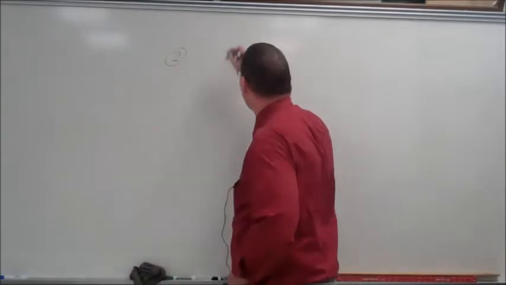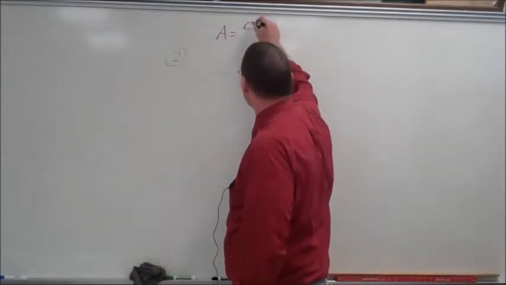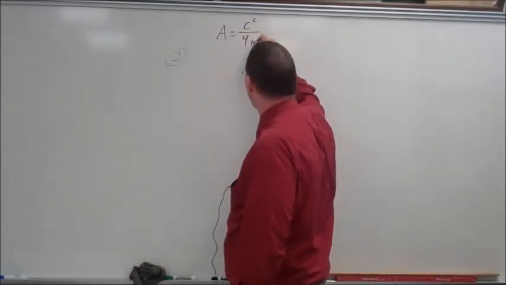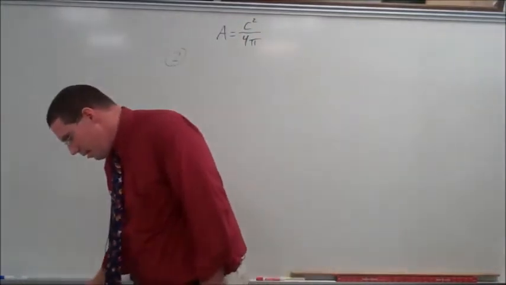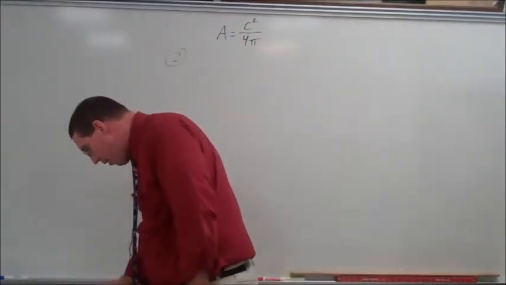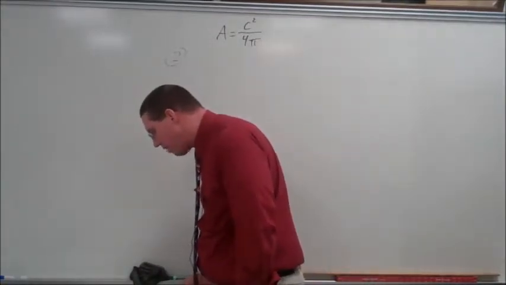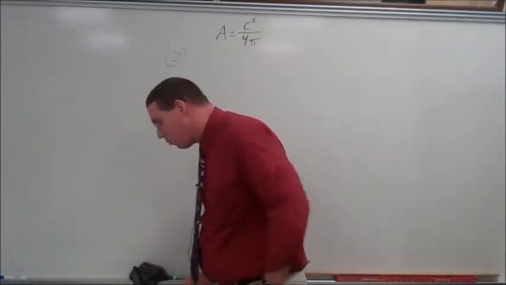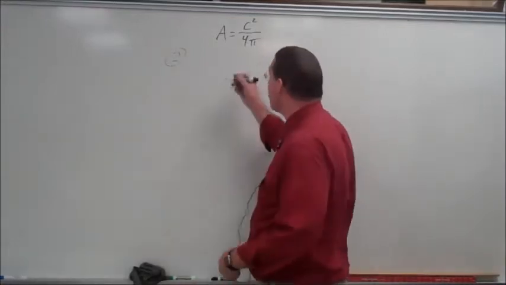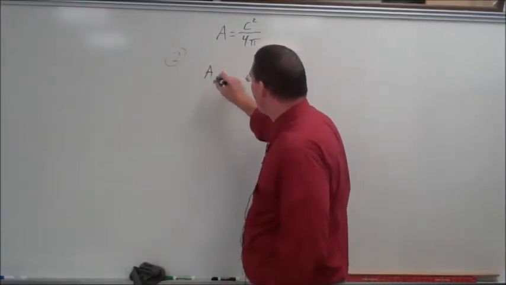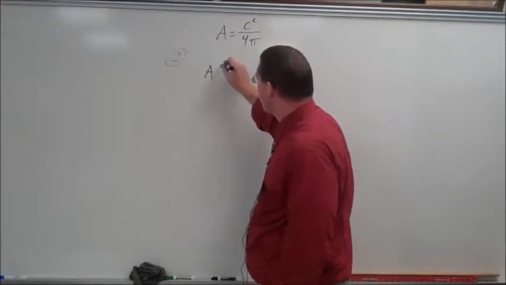So for part A, area is equal to circumference squared over 4 pi. Part B says, find the instantaneous rate of change of the area with respect to the circumference. So now this is not the rate of change in area with respect to radius.